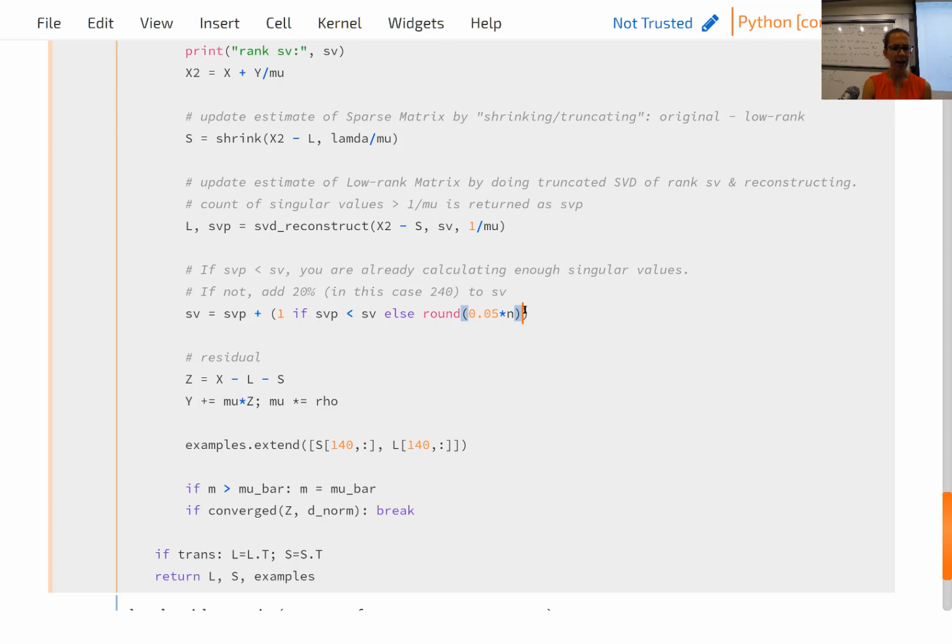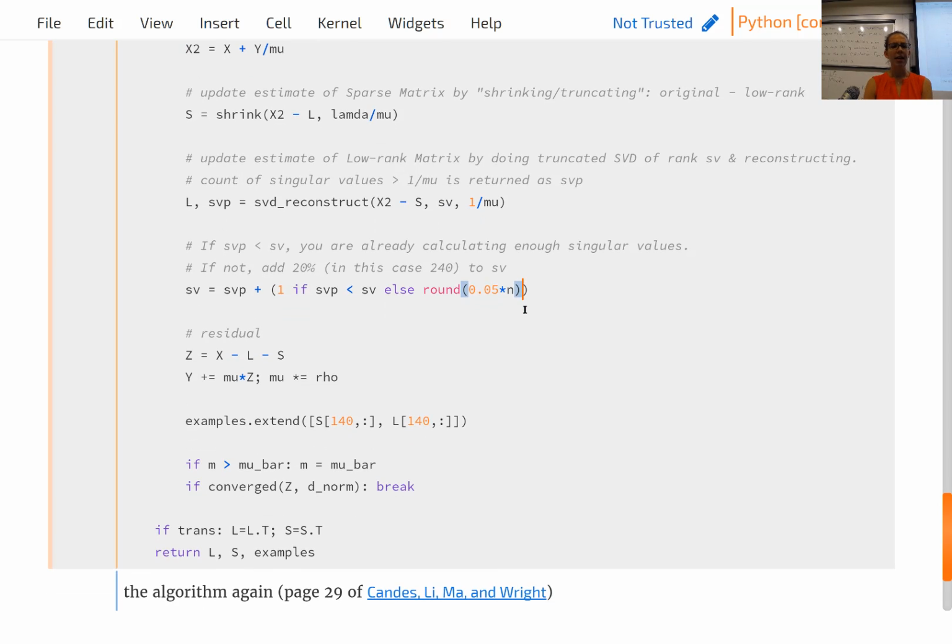The way it tells how many to do is, after you truncate, when you're dropping all the values that are less than, in this case, 1 over mu, if we find that we're getting more values than we need and are throwing away a lot of them because they're so small, then we just increase SV by 1, because we're doing fine.